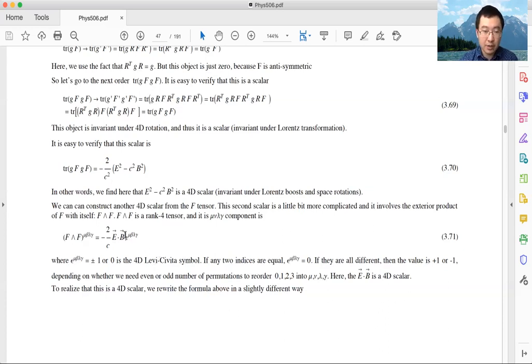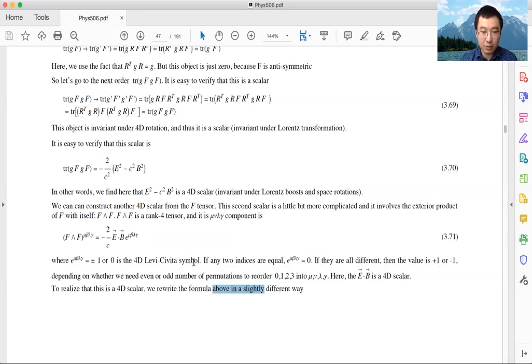First of all, every single element of this tensor is either plus 1, minus 1, or 0. If any two indices are equal, then it's 0. If all four indices mu, beta, lambda, gamma are different from each other, then the element is either plus 1 or minus 1. And how do we know which?